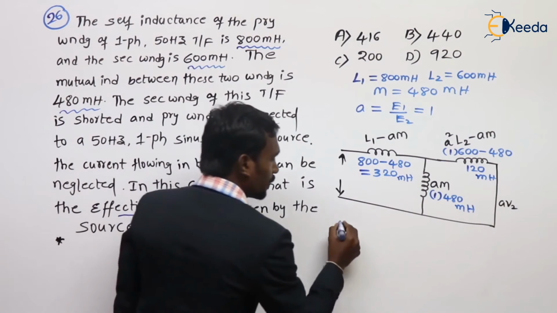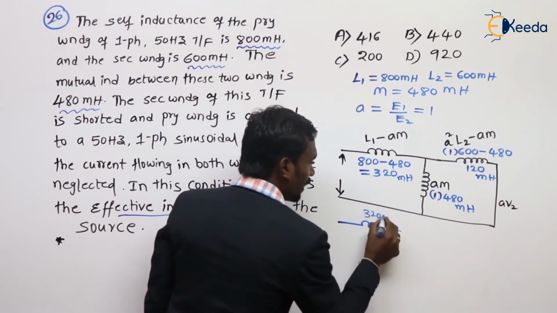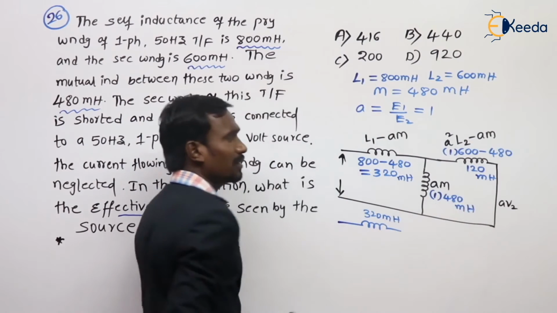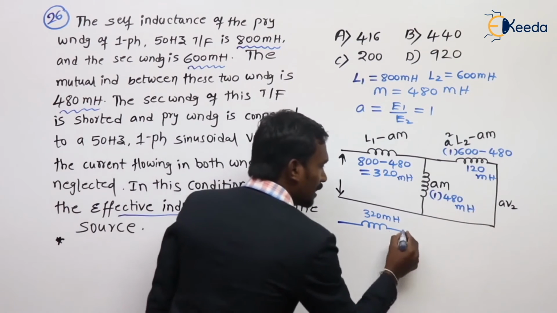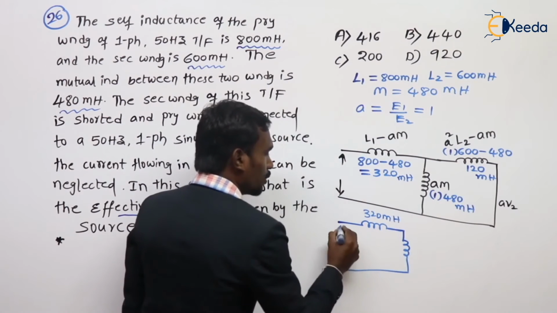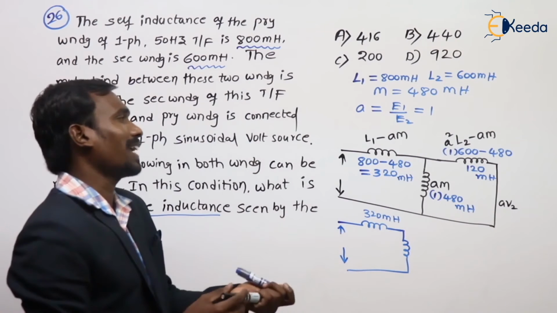So what is the circuit here? This is 320 millihenry and these two are in parallel. When these two are in parallel, its equivalent value is this. What is the equivalent value? We have to calculate.